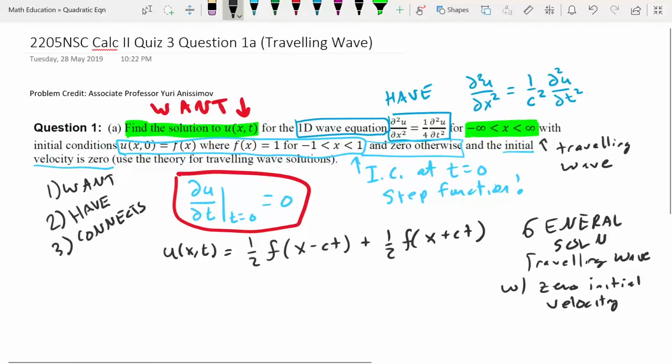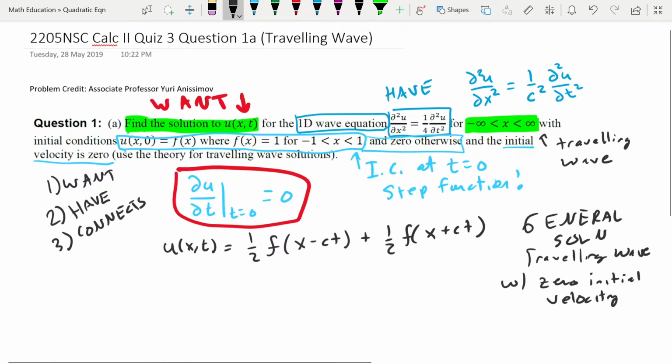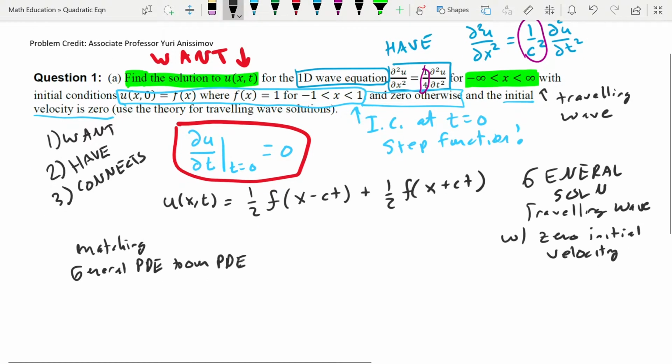So now what we need to do is figure out what c is. So we can take and notice that in here we've got 1 over 4. And here we've got 1 over c squared. So by matching the general PDE to our PDE, we've got partial of u, partial of x squared.